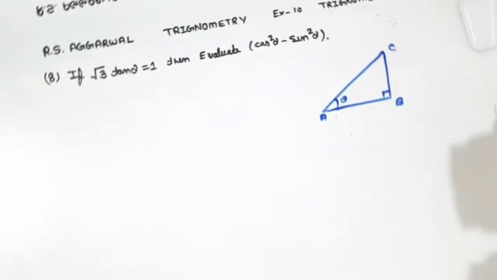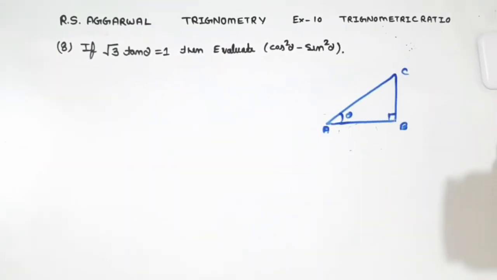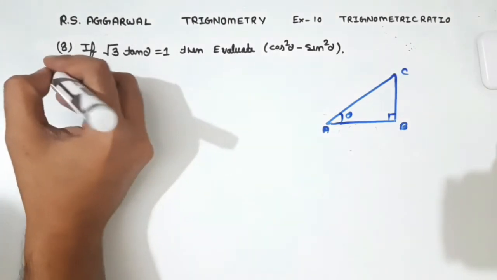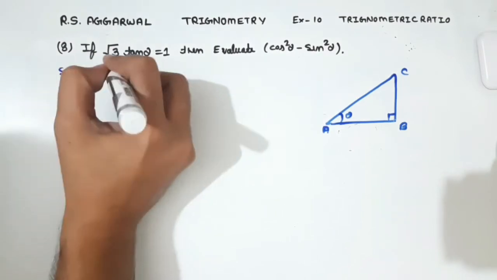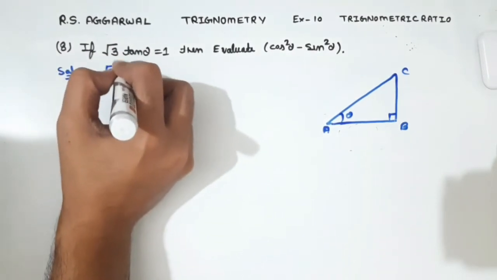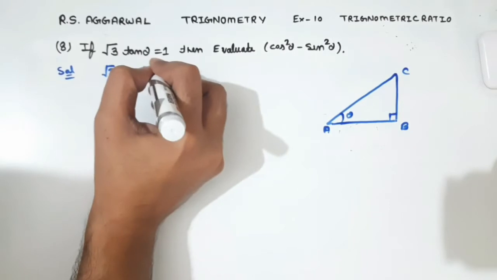R.S. Aggarwal, chapter trigonometry, exercise 10, trigonometric ratio. In question number 8, we have given if under root 3 tan theta equals 1, then evaluate cos square theta minus sin square theta. So in this problem, we have given that under root 3 tan theta equals 1.